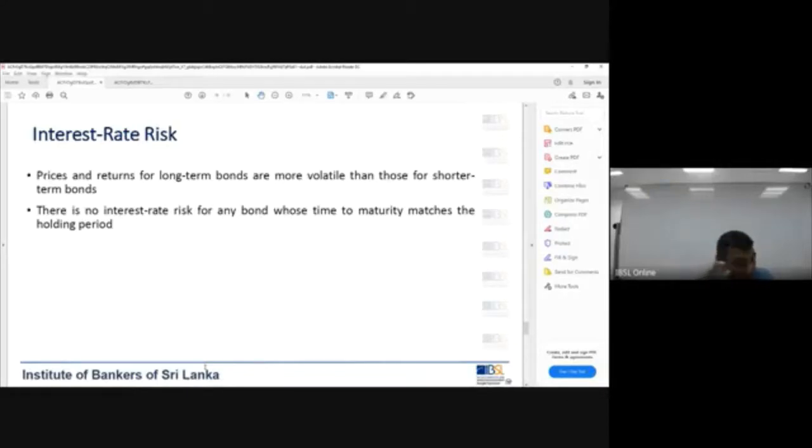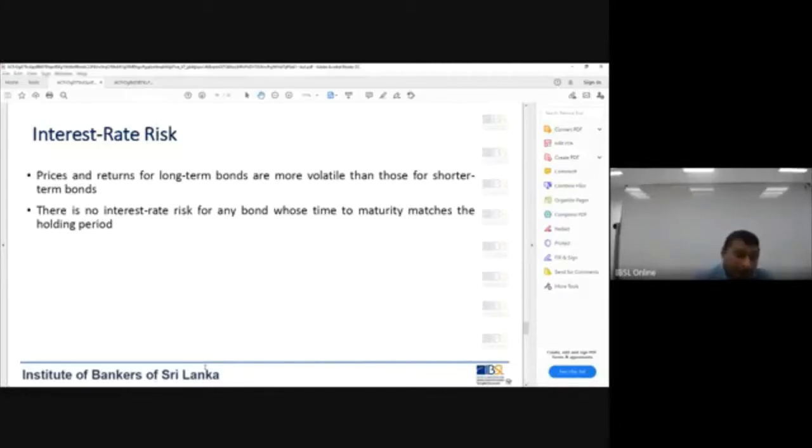As you already know, the longer the duration, the uncertainty is greater. Anything could happen. You take a view from now to 10 years, many things could happen. Right? Uncertainty is greater.